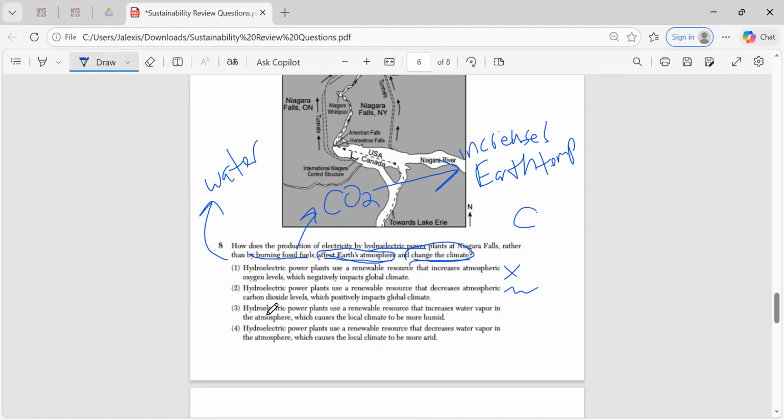Let's look at choice three. Hydroelectric power plants use a renewable resource, that is true, that increases water vapor in the atmosphere, which causes the local climate to be more humid. Interesting. I thought that increasing water vapor means that there's an increase in evaporation.